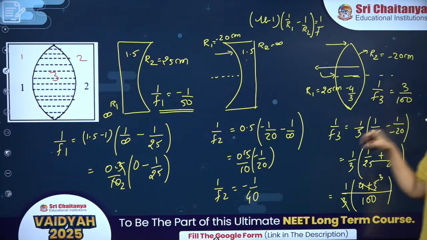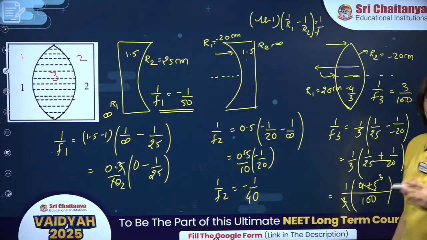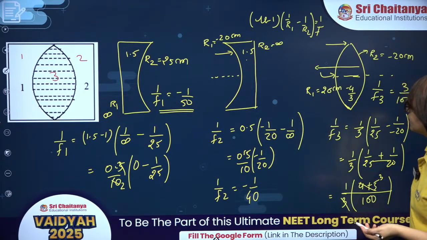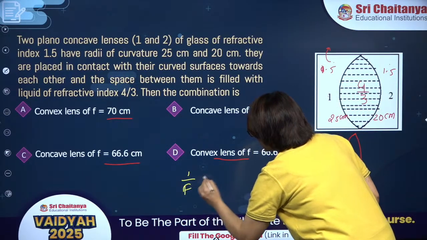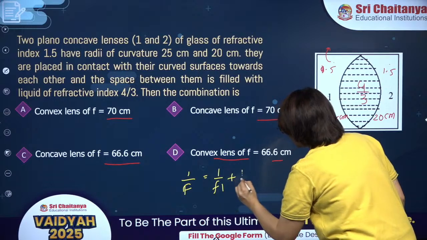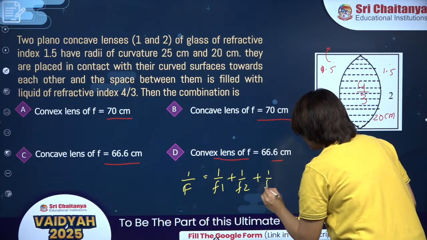Now the equivalent focal length of this entire combination is, let's say, capital F, right? So 1 upon capital F is equal to 1 upon f1 plus 1 upon f2 plus 1 upon f3.